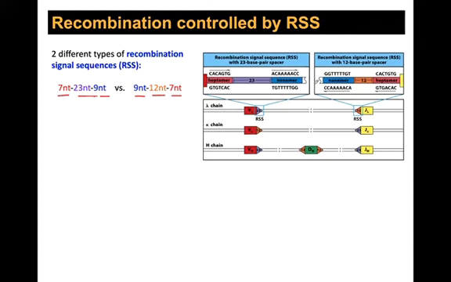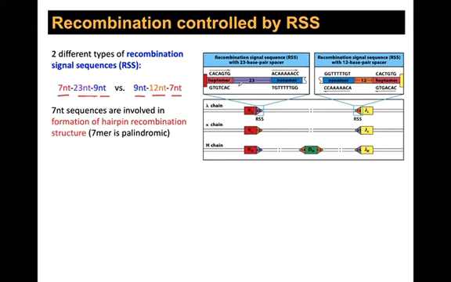Okay, now we typically just write them as a 12 or a 23, but in reality, these different parts have very important roles. The first is that the 7 nucleotide sequence, which is palindromic, is the same on both ends, okay? And that's really important for formation of or pairing these RSSs together, okay?